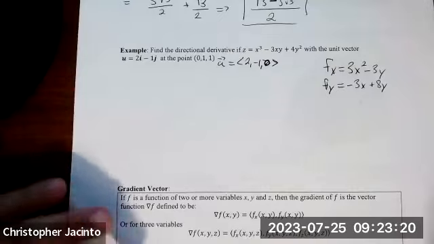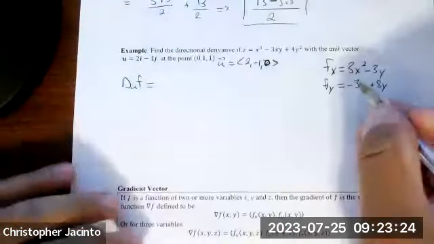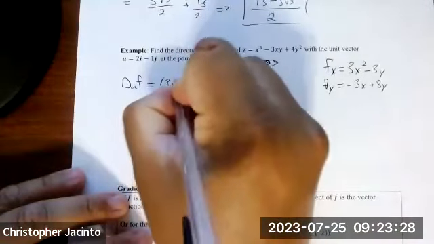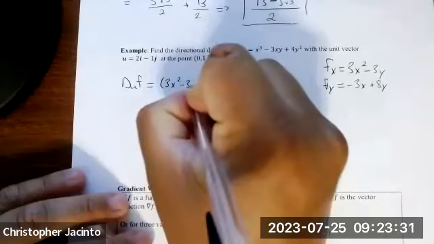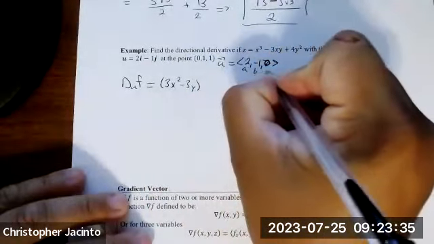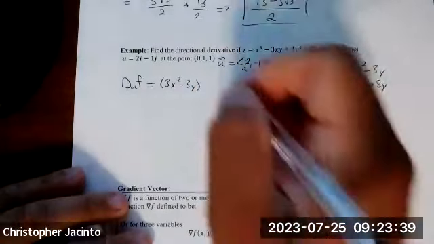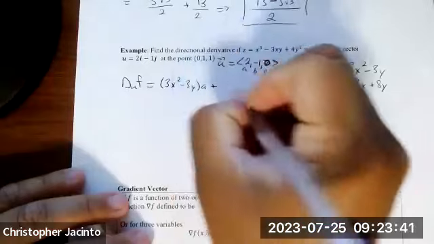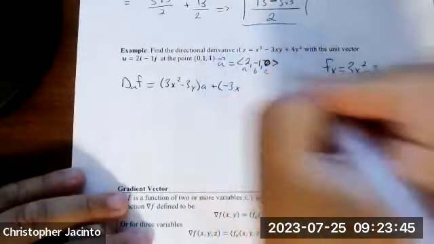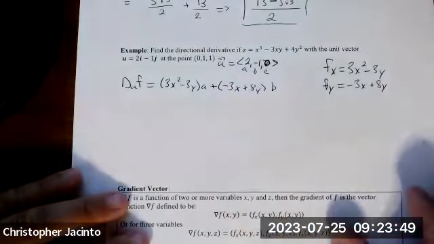So now, according to our equation, our directional derivative of f is going to be this times the a value. So this is a, b, and c. A plus b.